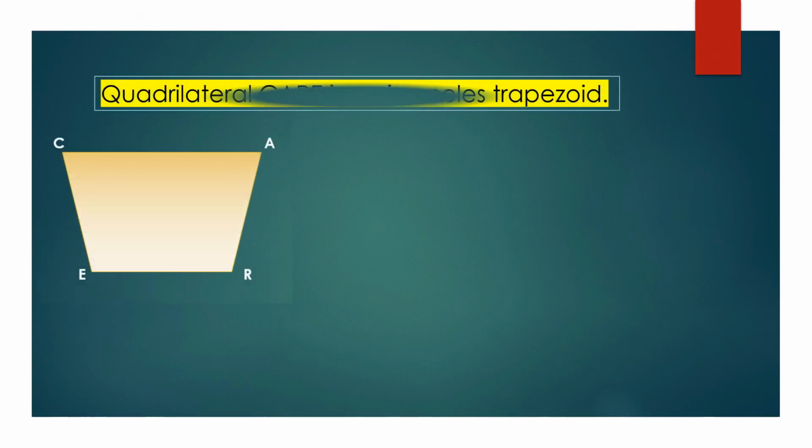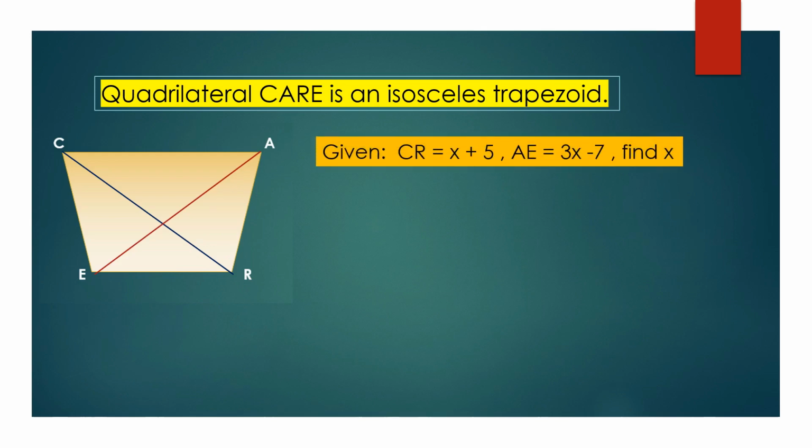Here's another example. So we have quadrilateral CARE, an isosceles trapezoid. CR is a diagonal and AE is another diagonal. Then we have a given here. CR is equal to x plus 5 and AE equals 3x minus 7. Find x.